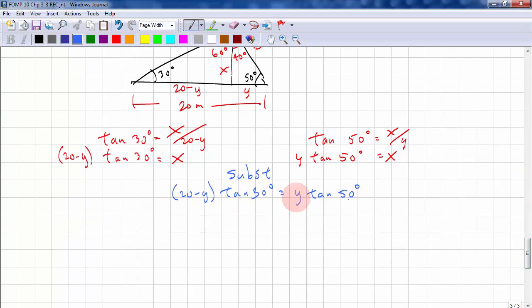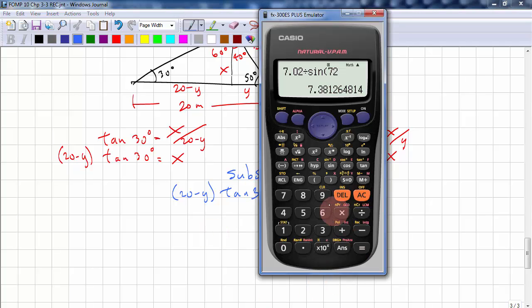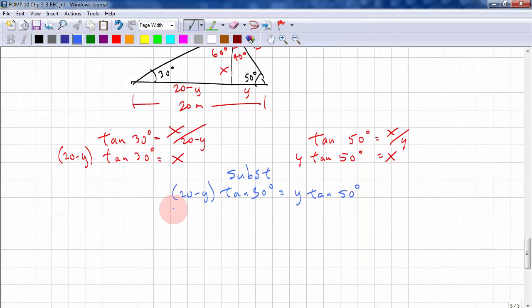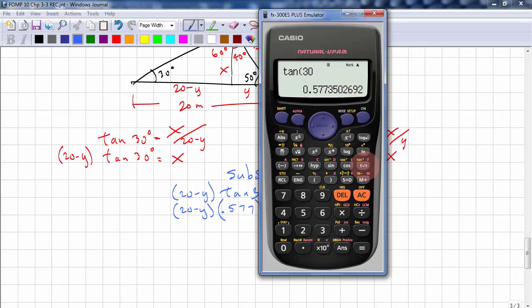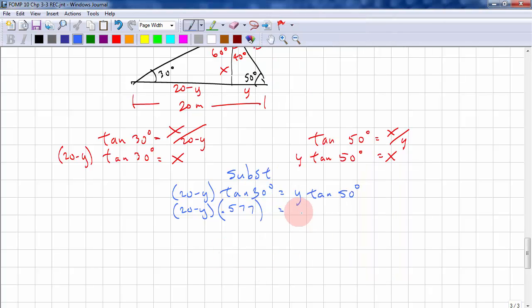Let's substitute the values. Tan 30, (20 minus y) times 0.577 equals y times 1.192.